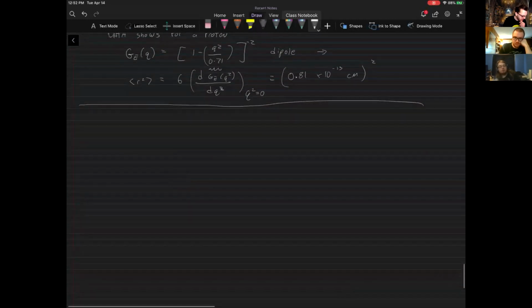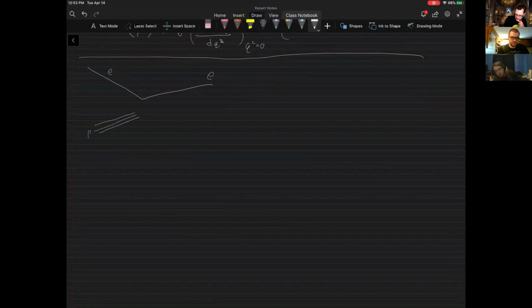We were thinking about bringing in high energy probes like an electron and scattering them off of some bound nuclear state like a proton, some nucleon, or maybe a bound nuclear state like some gold nucleus. We would basically just scatter off of this with a photon here.